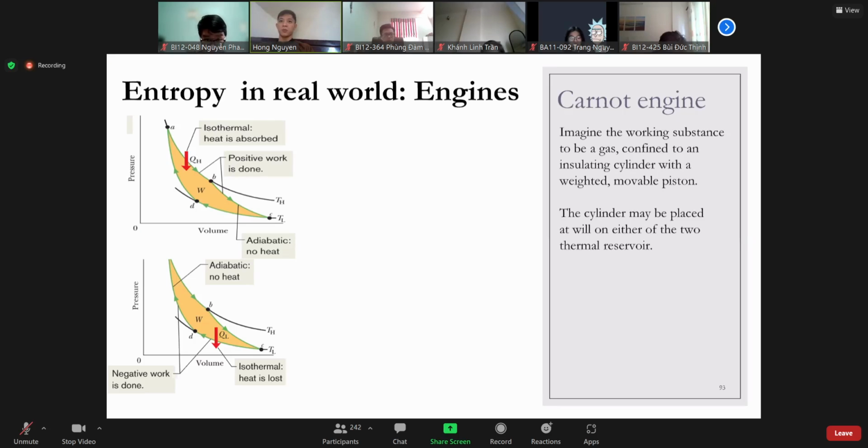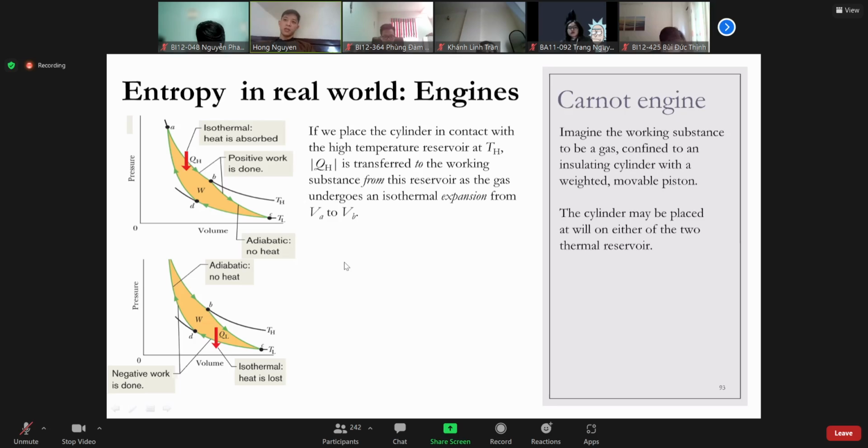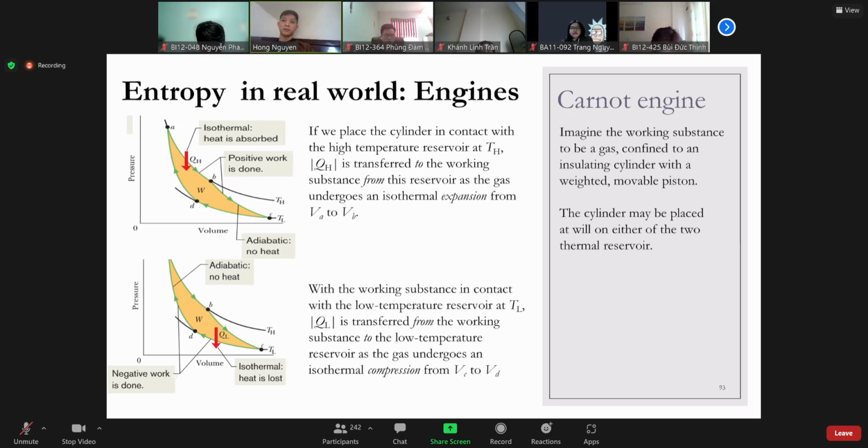Two isothermal processes connected together by two adiabatic processes. Please remember, for isothermal processes, we have no change in temperature, while for adiabatic processes, we have no change in heat. Good.